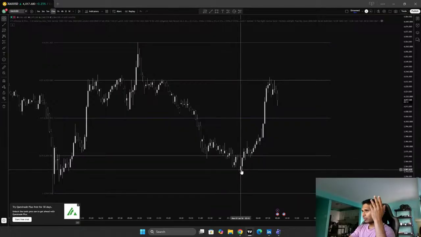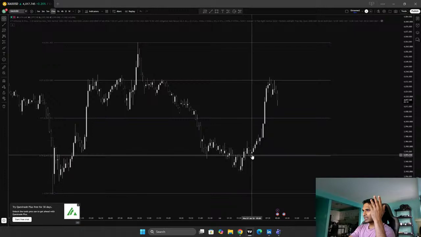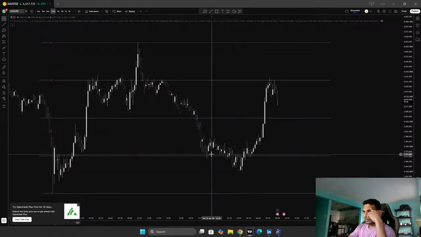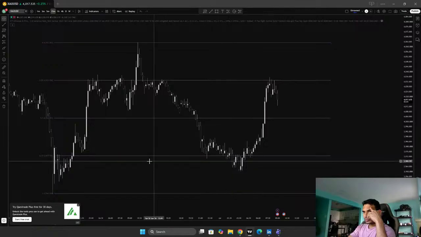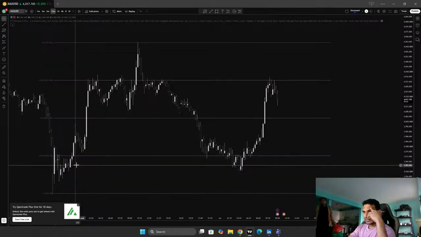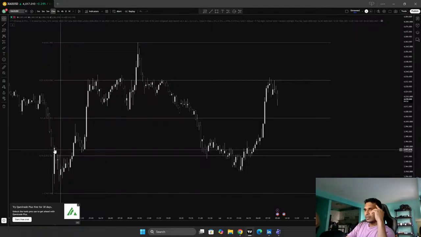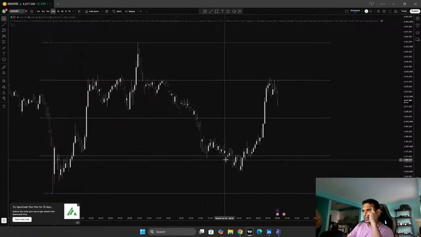Break, retest, fake out. That's why it's kind of doing this, bro. Understand that? It takes this low, and that's a 75 DRT. So take these lows.